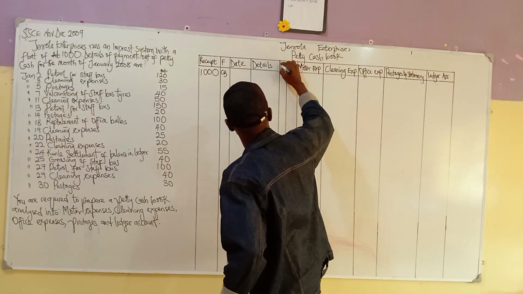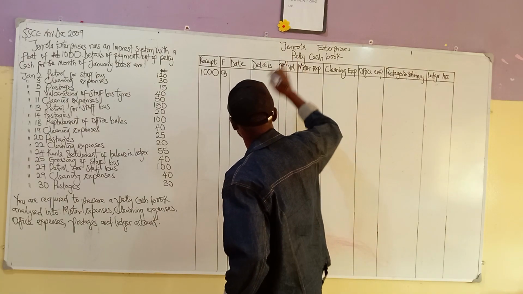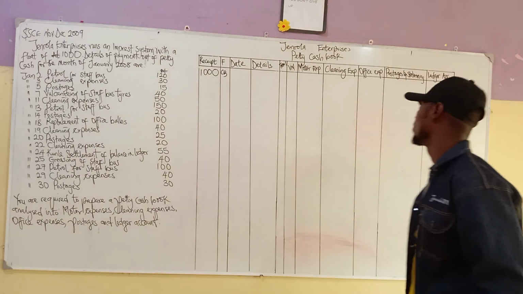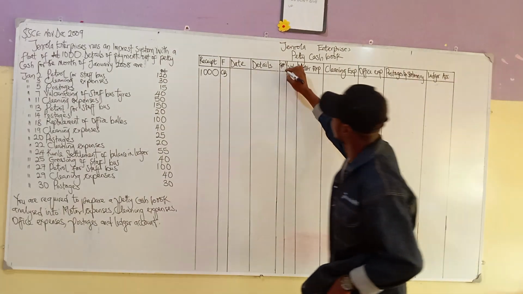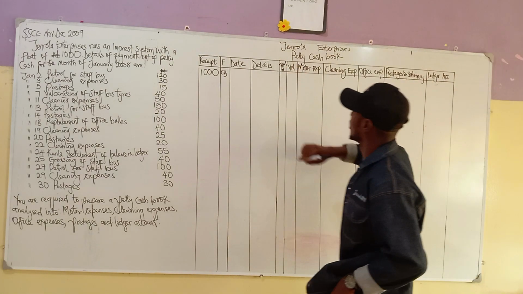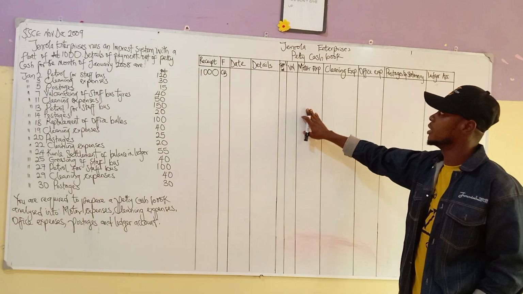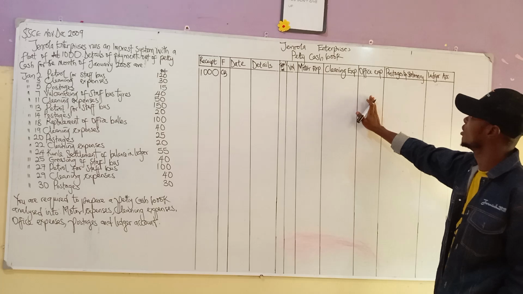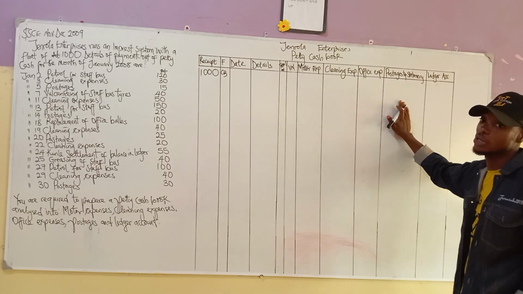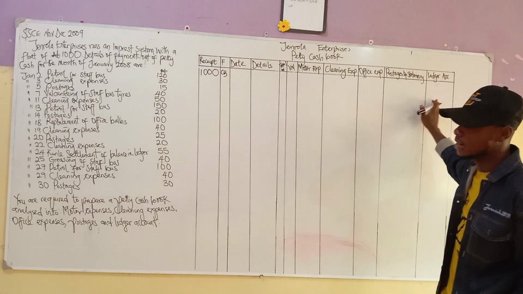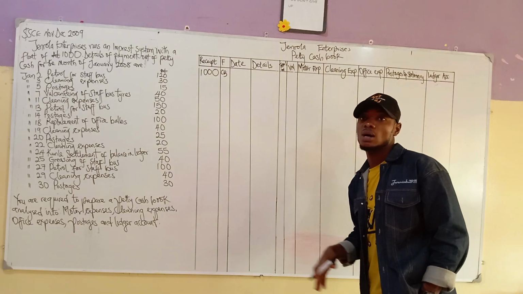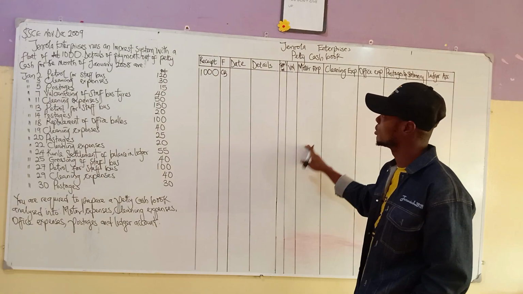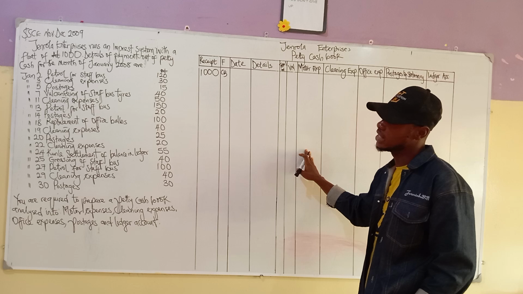Now, this is my total, that is the total cost of my details. Put my naira sign for my total cost. Now, in my ruling, we already have the motor expenses, the cleaning expenses, the office expenses, postage and stationery, and we also have the ledger account. So any of these transactions that fall into motor expenses will go into the motor expenses.